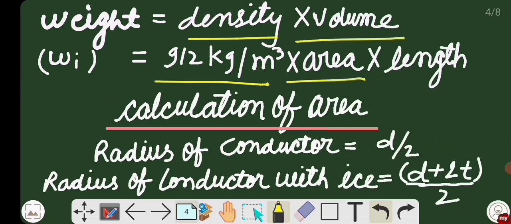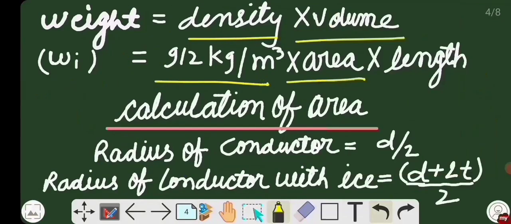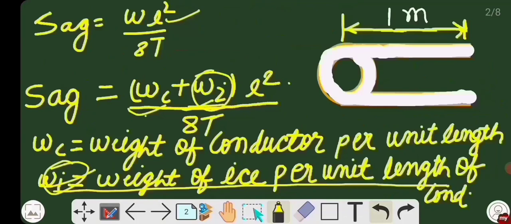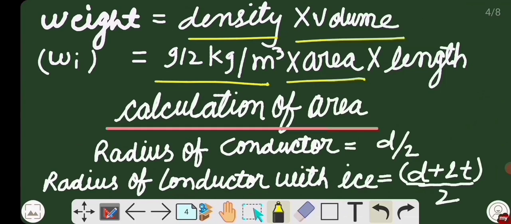For its calculation, for the area, the radius of conductor here, as you can see in the figure, the diameter of the conductor is d, so its radius will be d by 2.